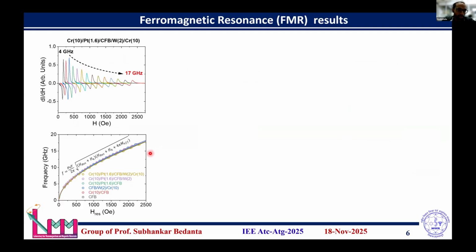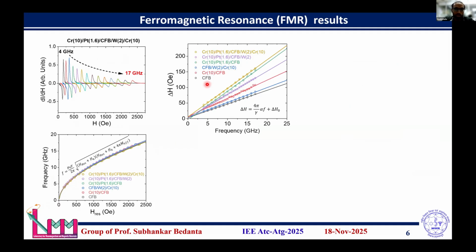And this plot is showing the resonance frequency versus resonance field, which can be fitted with the Kittel equation. These are the samples we have prepared: CFB chromium and CFB tungsten chromium, and you can see the delta H variation with the frequency is increasing with the sample structure when introducing the chromium and Pt as well.